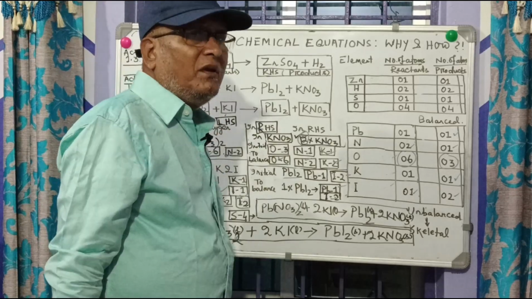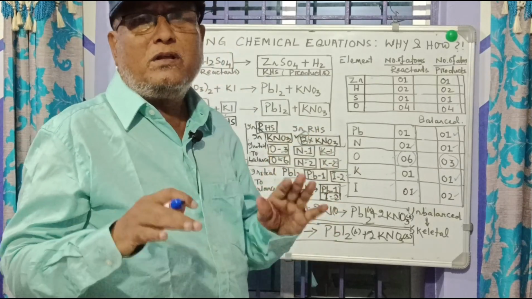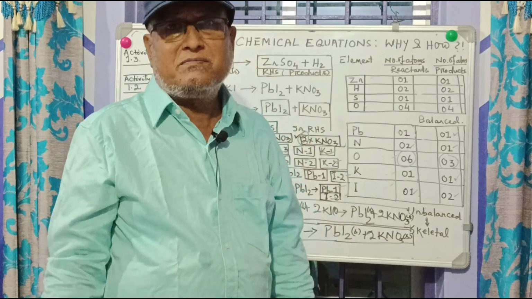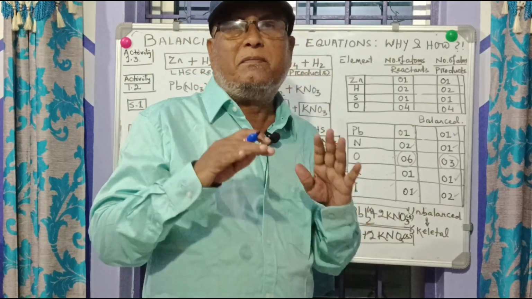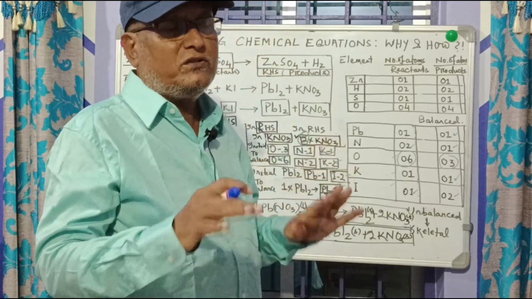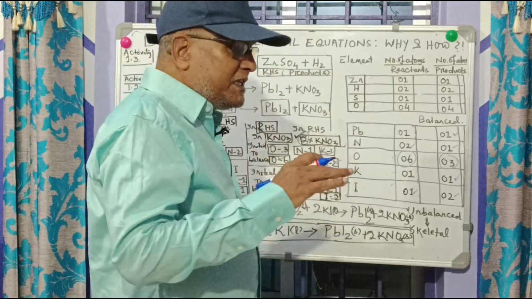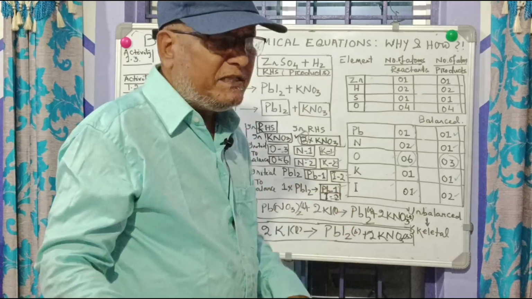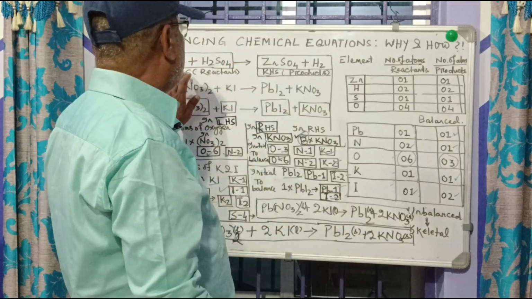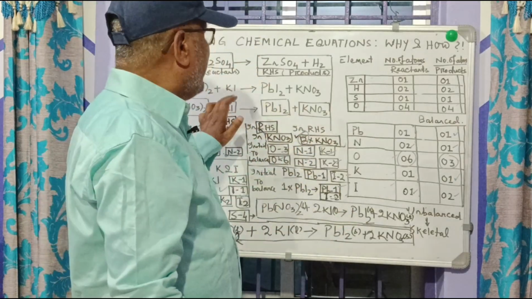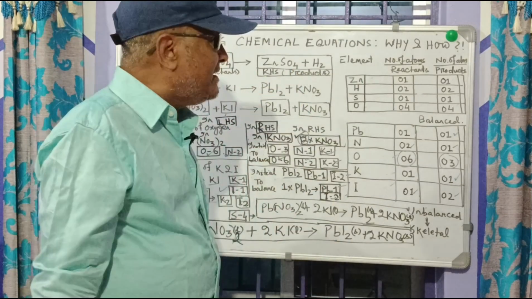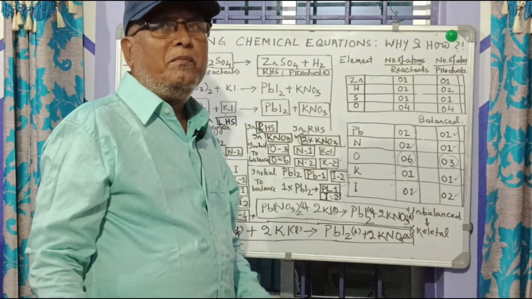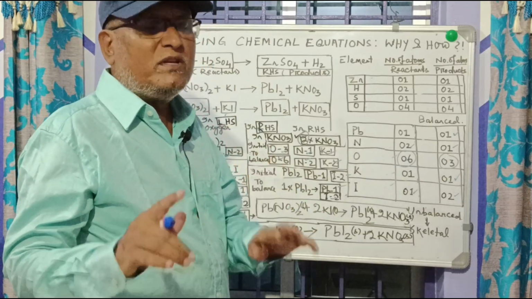So, as per the law of conservation of mass, which you have already learned in class 9, mass is neither created nor destroyed. Based on that principle, the mass of the reactants should be equal to the mass of the products. For that reason, we have to balance a chemical equation.